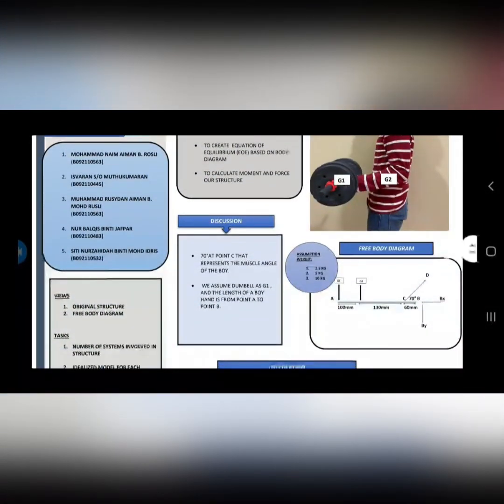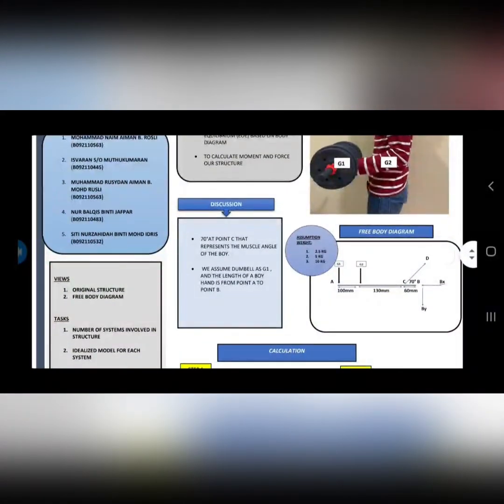Next, this is the free body diagram. The distance from G1 to G2 is 100 mm, G2 to C is 130 mm, C to B is 60 mm, and the angle is 70 degree.